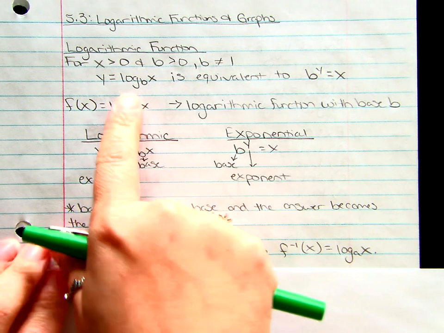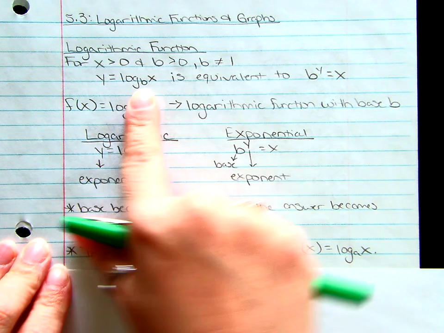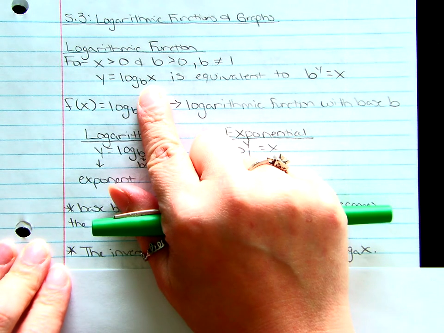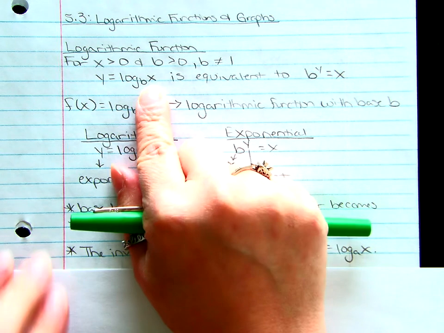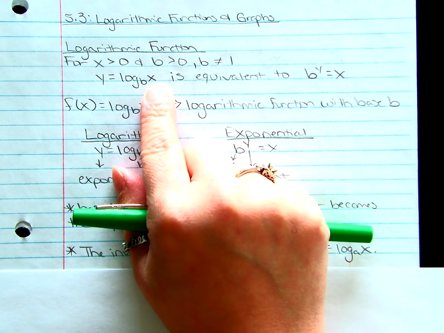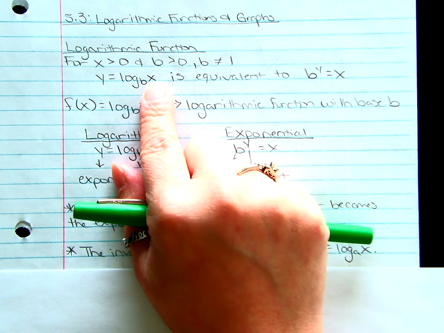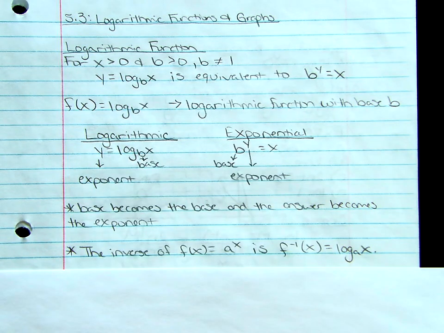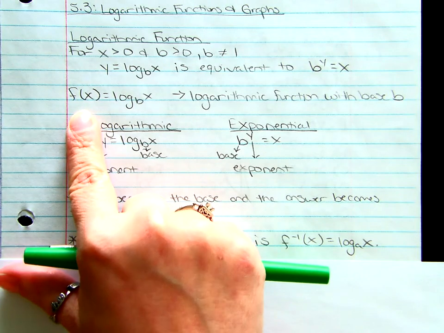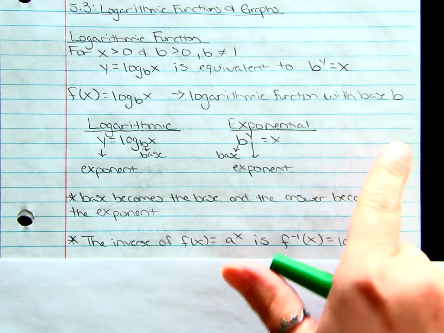So when you look at a logarithmic equation or function, you have this little b down here next to your log, and that means that's your base. They use b as the letter to help you connect it to the base. And then what you're taking the log of is the x in this case. If we're thinking about it as a function, then we use the f of x notation instead of the y. And this means the logarithmic function with the base of b.